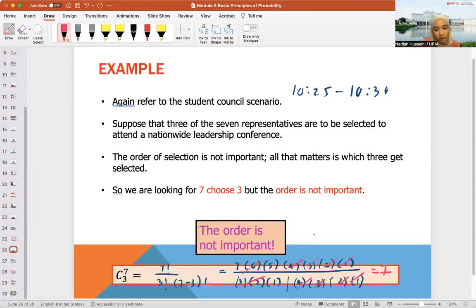Make sure to not make a mistake here. I don't know if our calculators can use factorial or not. Can we use factorial in our calculator? Oh, I think we can. It's under the mode button.